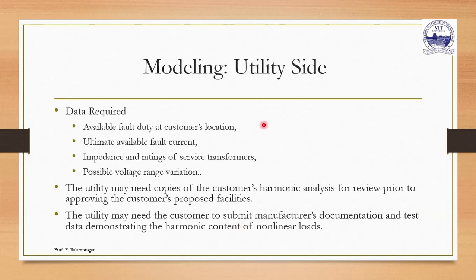From the utility side, the data required are available fault duty at the customer's location, ultimate available fault current, impedance and ratings of the service transformer, and possible voltage range variation. And the utility may need copies of the customer's harmonic analysis for review prior to approving the customer's proposed facilities. And the utility may need the customer to submit the manufacturer's documentation and test data demonstrating the harmonic contents of the nonlinear loads.